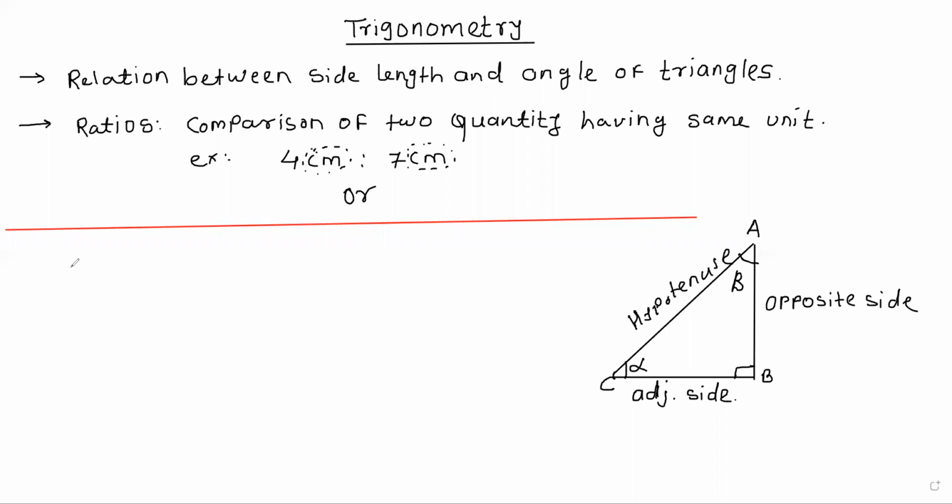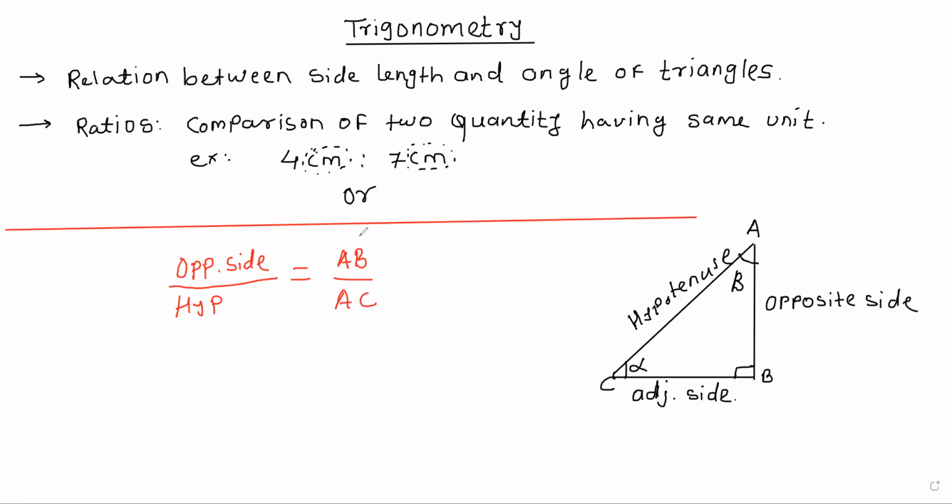First we consider the comparison of the opposite side with respect to the hypotenuse, written in short form as hypo. The opposite side is AB and the hypotenuse is AC.